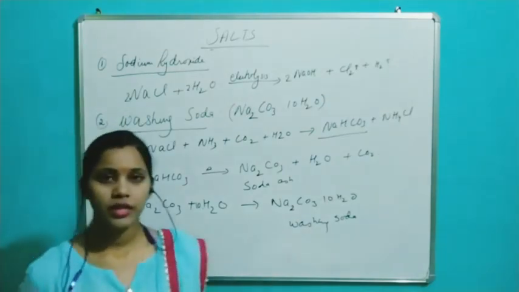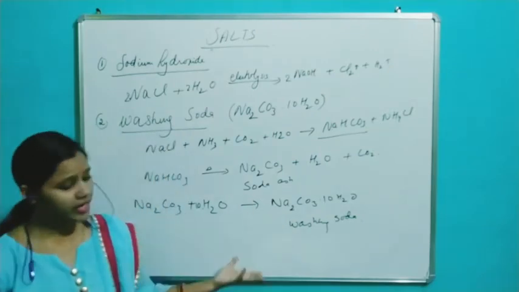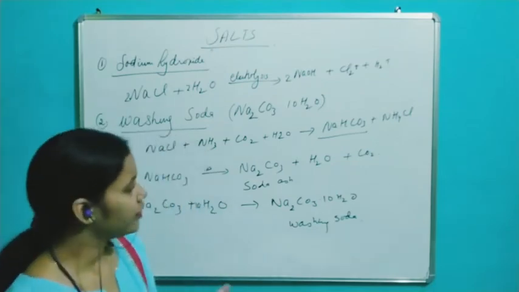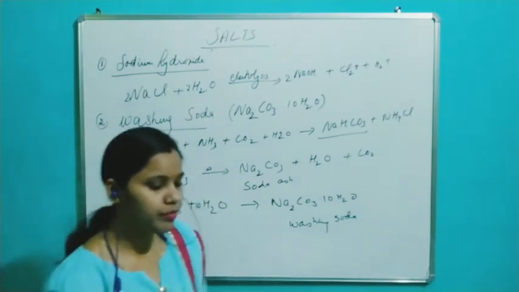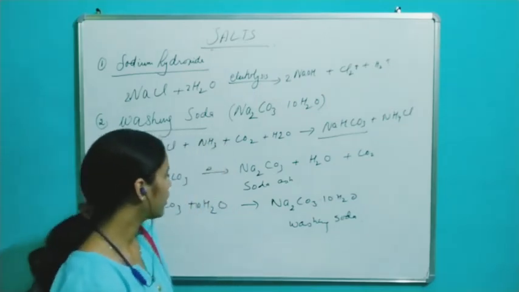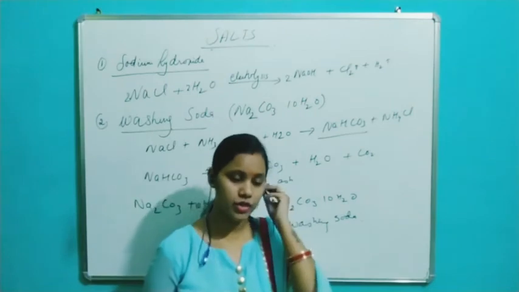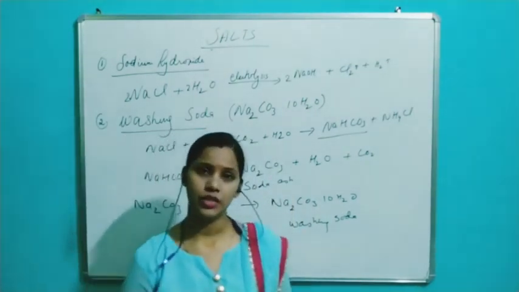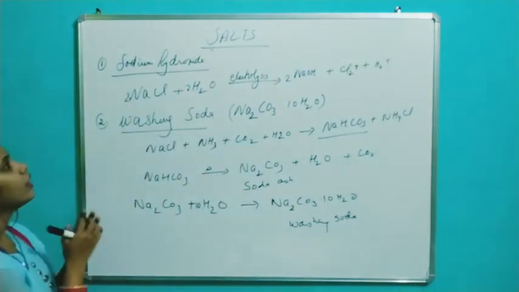It is transparent. And for uses, we know that washing soda is used to remove the permanent hardness of water. It is used in the manufacture of sodium compounds. Then it is used as a detergent. Alright, so this was washing soda.